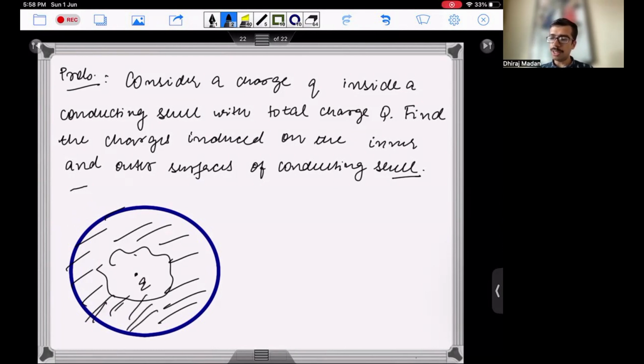So there is this conducting material, then this hollow cavity, and then this outer surface. This outer surface is spherical, and the net charge on this conductor is capital Q. So there is going to be some charge on the inner and outer surfaces, which I need to compute. That's the main problem. So how do we solve this?